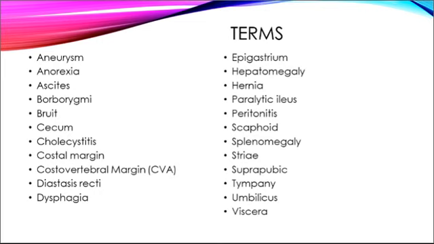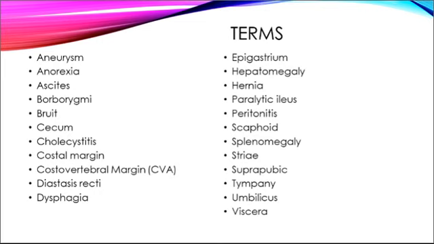Borborygmi, I always have trouble with that, loud gurgling bowel sounds. That usually is when they have a bowel obstruction. Sometimes it's if they have significant diarrhea, but with a bowel obstruction, you might hear very turbulent, loud bowel sounds.